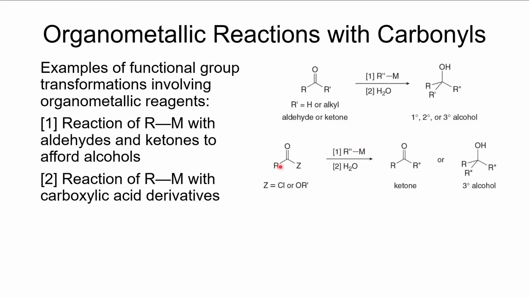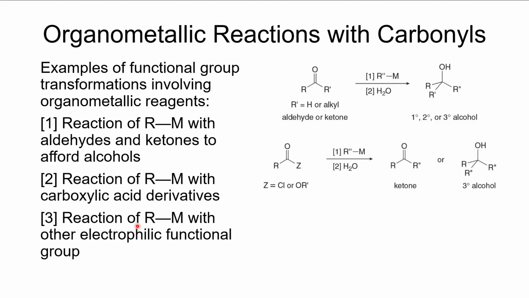When we do this reaction with an acid chloride or an ester, we can get either a ketone or a tertiary alcohol. I'll go through how this happens in a minute. To get the ketone, you need to use a specific organometallic reagent. To get the alcohol, you use the other reagents. So I'll show you how we get that here in just a bit.